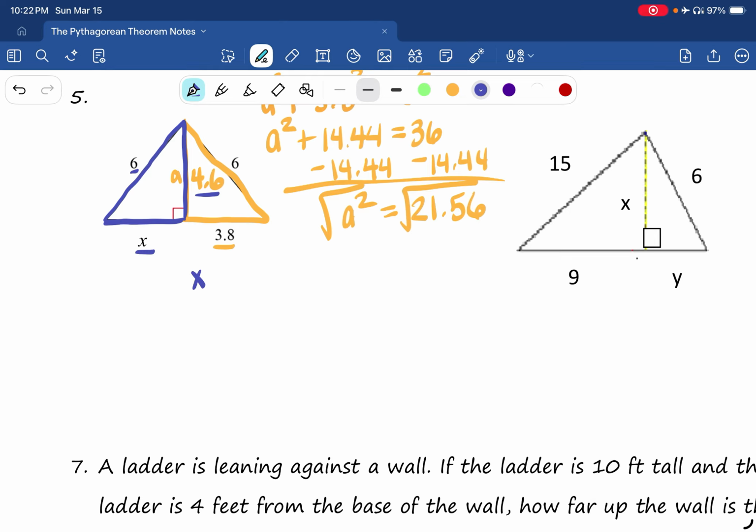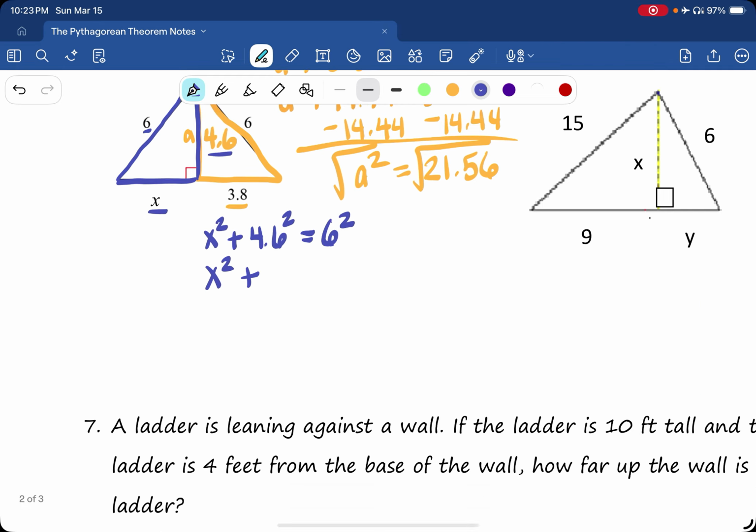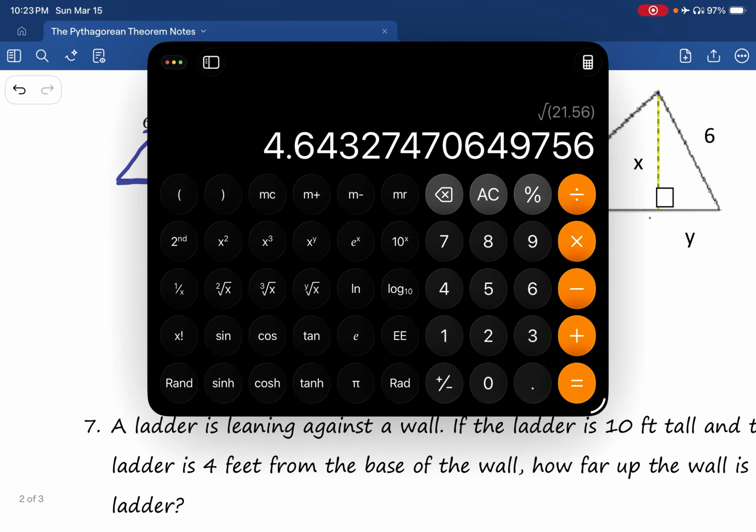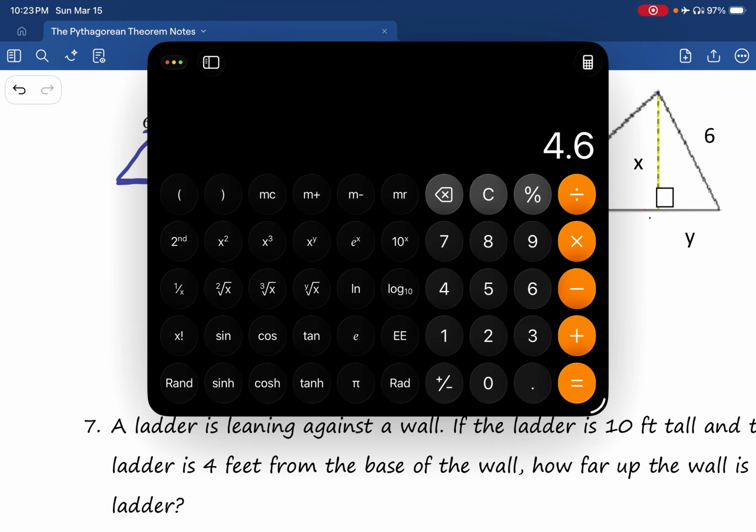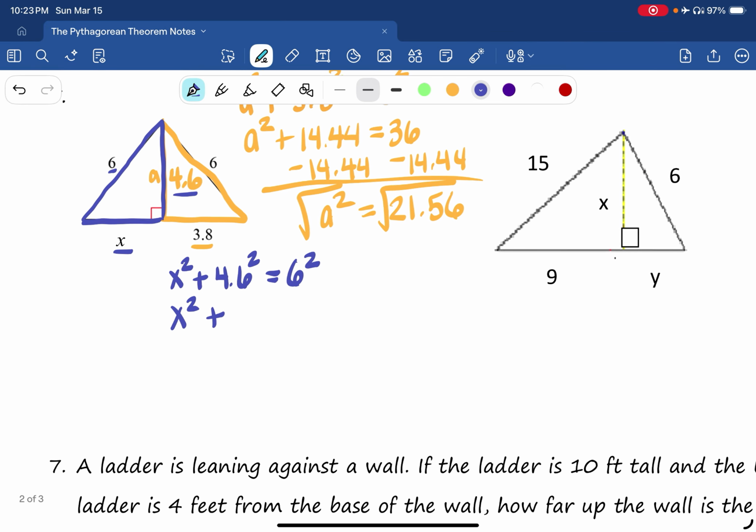So we'll say x squared plus 4.6 squared equals 6 squared. So x squared plus, let's get our calculator, 4.6 squared is 21.16. So we'll round that to 21.2.